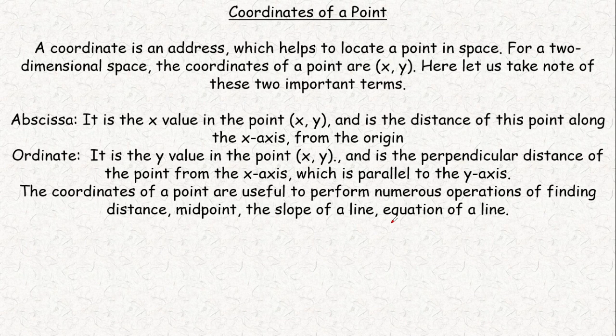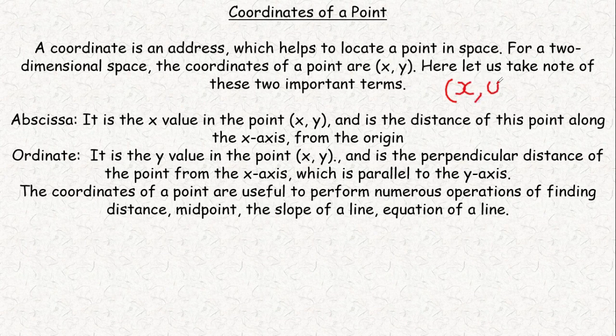So now let's take a glance at the terms used in this. There are two terms, abscissa and ordinate. Abscissa is the value of x in the value x, y.